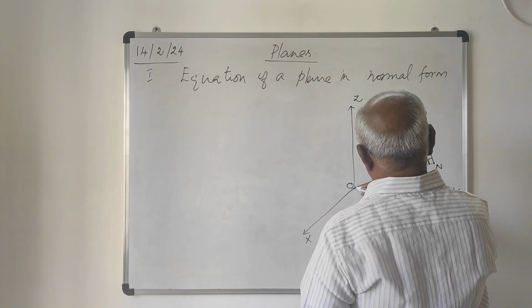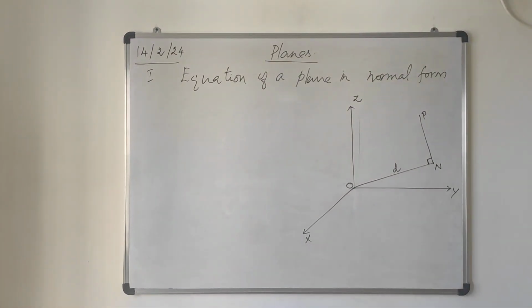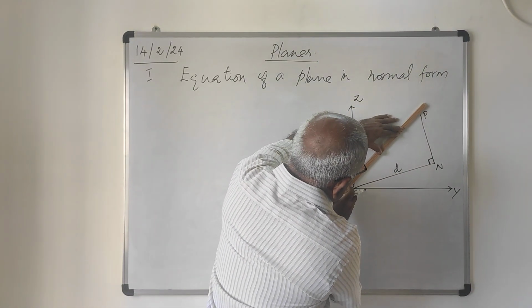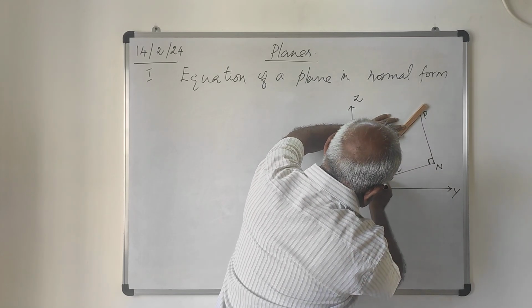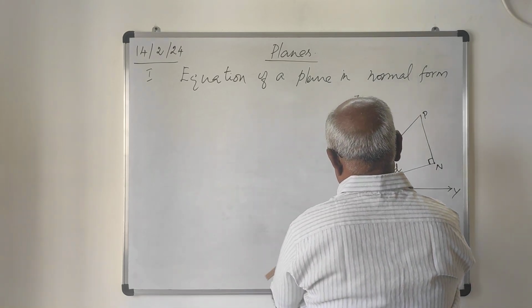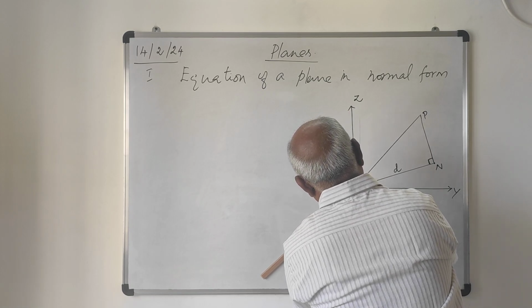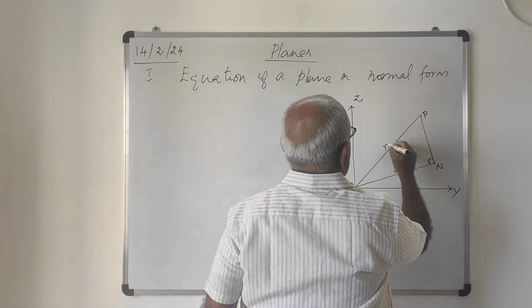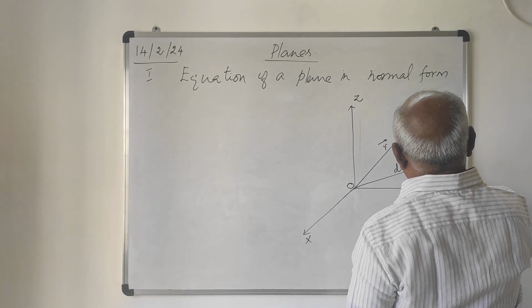OP vector is your R vector, and this is your plane.